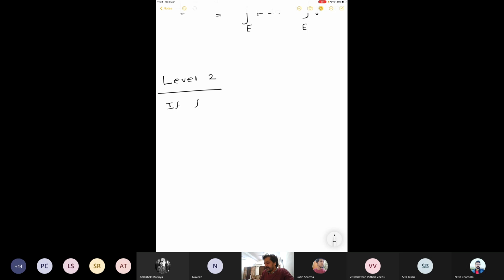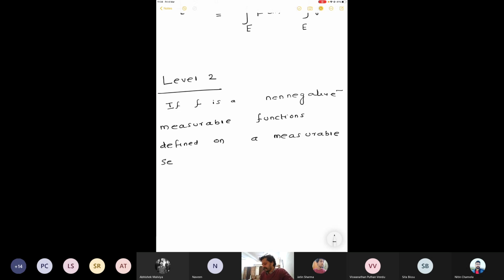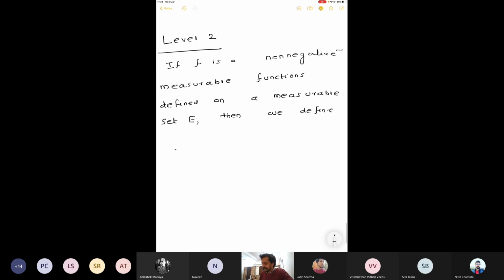If f is a non-negative measurable function, potentially f could be unbounded, I don't mind it, defined on a measurable set E, then we define. How to define the integral is the question: how to define integral over E of f dm.